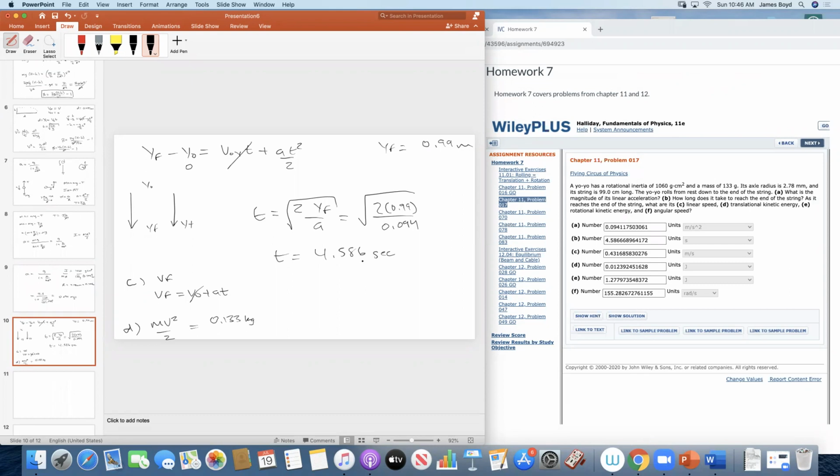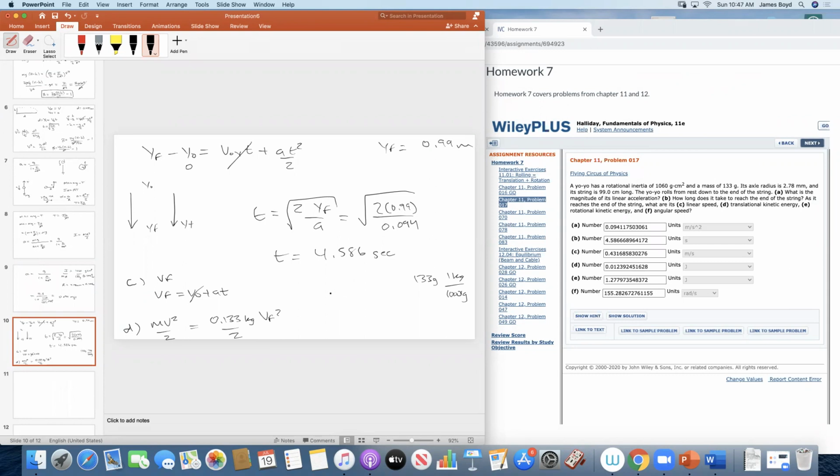The conversion is 1,000 grams per kilogram, so 133 grams times 1 kilogram over 1,000 grams gives you the kilograms. Divide by 2, whatever you found for V final, square. That gives you your translational kinetic energy.